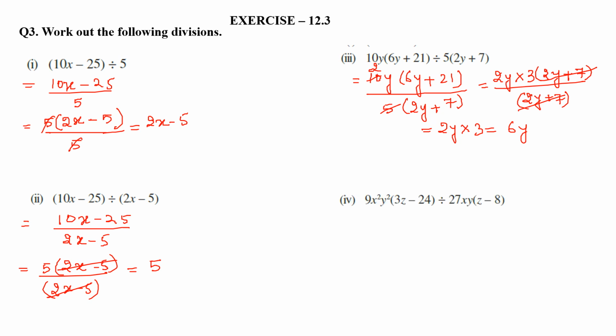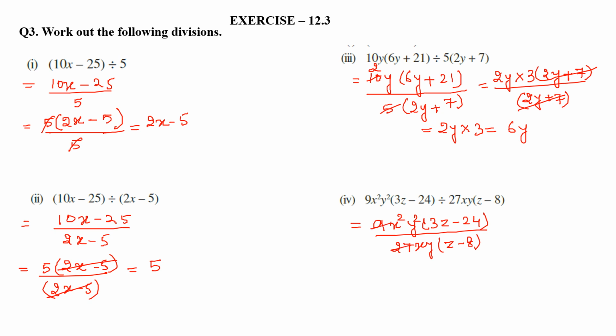Now the fourth question: 9x square y square multiplied by 3z minus 24, divided by 27xy into z minus 8. So 9 times x square y square into 3z minus 24, divided by 27xy times z minus 8.